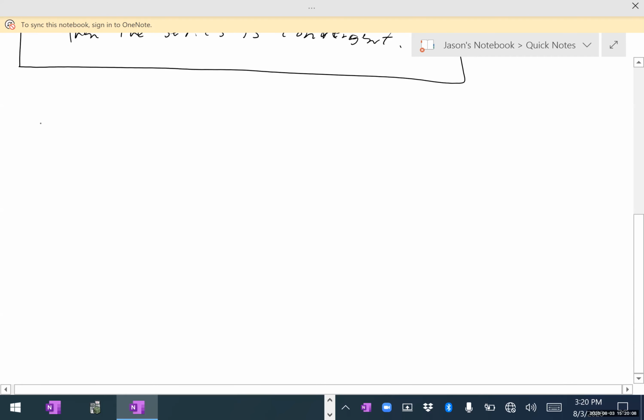Let's take a series and see if it's convergent or not. Is the summation n equals 1 to infinity of (-1)^(n-1) times 1 over n convergent or divergent?